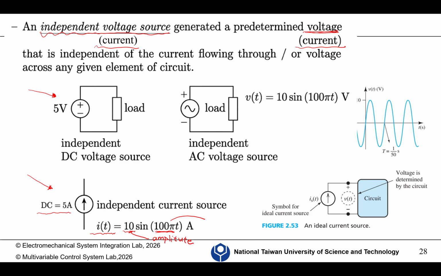So 100 pi, we say it is omega. And so for this AC current, we usually write i(t) equals A sine omega t, where A means amplitude. Okay, so this is angular frequency.